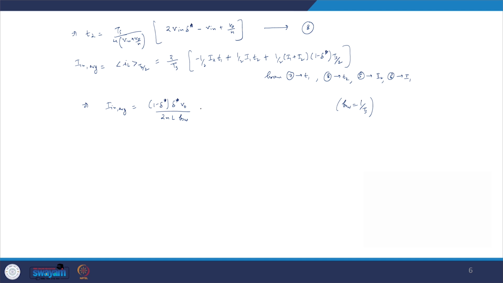We can then rewrite this expression in one more form, which is (1 minus delta by 180 degree) times delta by 180 degree times V naught divided by 2 L FSW. Here the delta has to be in degrees.